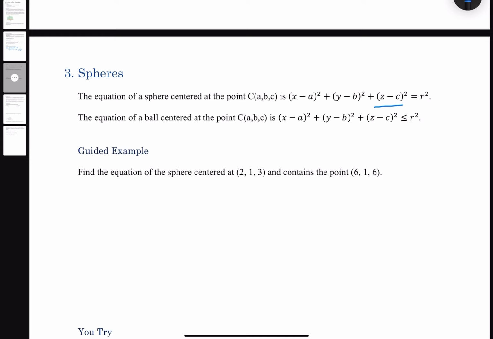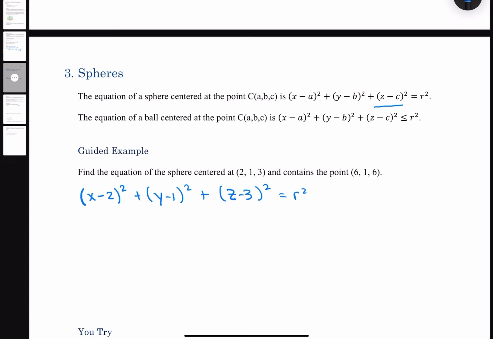So for our guided example, we want to find the equation of the sphere centered at 2, 1, 3, and it contains the point 6, 1, 6. So first the equation: we're going to have x minus 2 squared plus y minus 1 squared plus z minus 3 squared equals the radius squared.